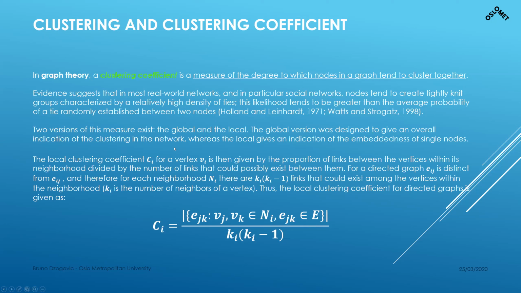In real-world networks and social networks, the nodes create tight-knit groups characterized by a high density of ties. These are defined literally as subsets. They belong to something else.